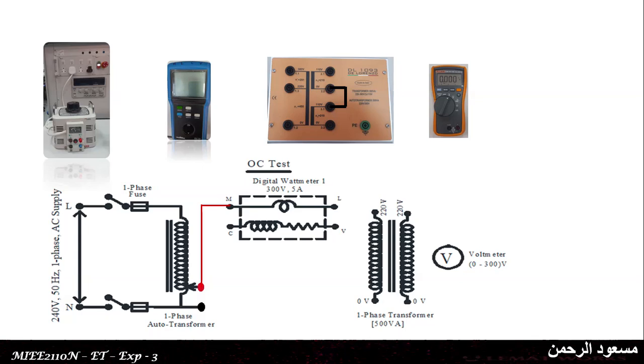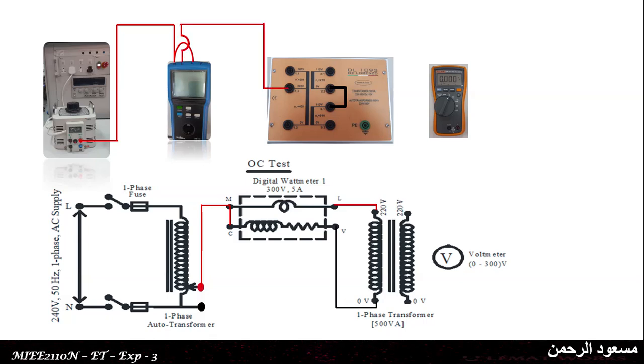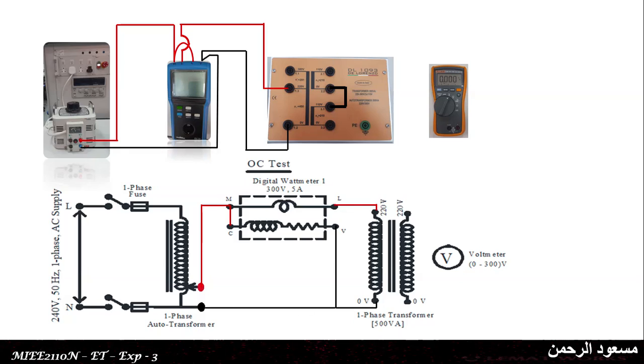We have to connect the auto transformer's output phase terminal with the M point of the wattmeter, and the MC short circuit, and you have to connect the L point with the 220 volt tapping of the primary coil. The 0 point of the primary coil is connected to the wattmeter V point, and the V point is again connected with the auto transformer's output neutral point.